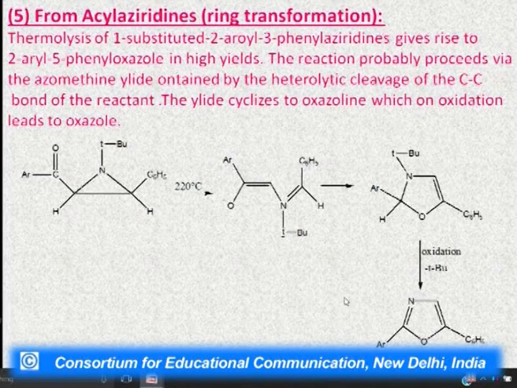The reaction probably proceeds via an azomethine halide intermediate, which is obtained by a heterolytic cleavage of a carbon-carbon bond of the reactant. The carbon-carbon bond of the reactant has been broken and the halide cyclizes to oxazoline, which on oxidation will finally lead to oxazole. So, here the ring has been transformed from a 3-membered ring to a 5-membered ring.